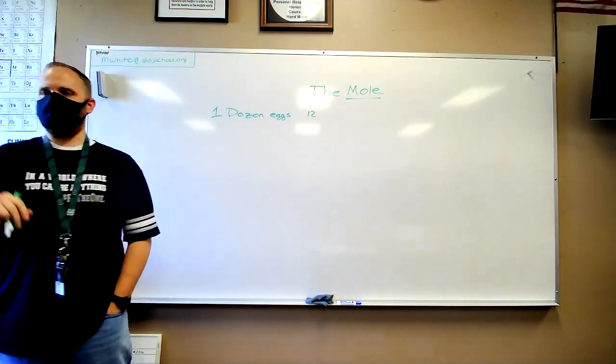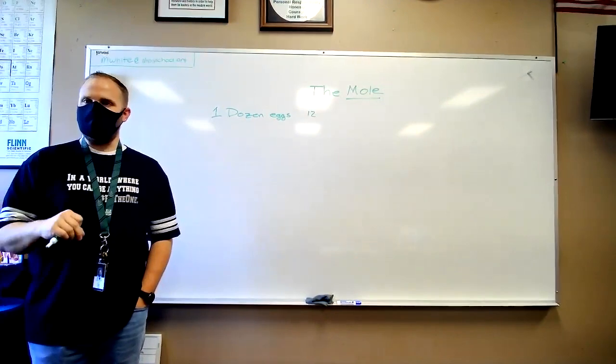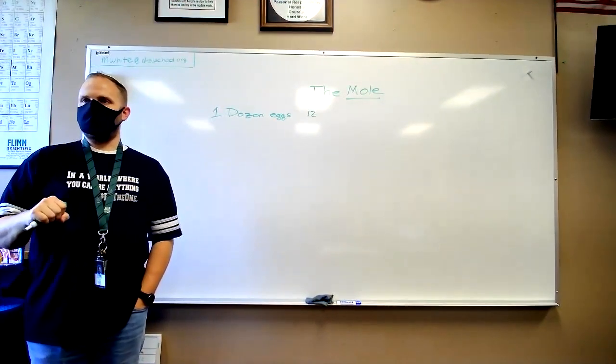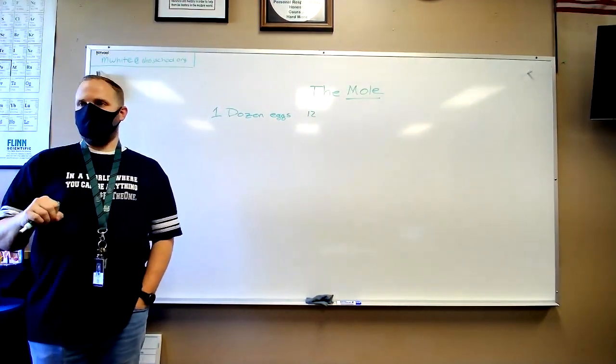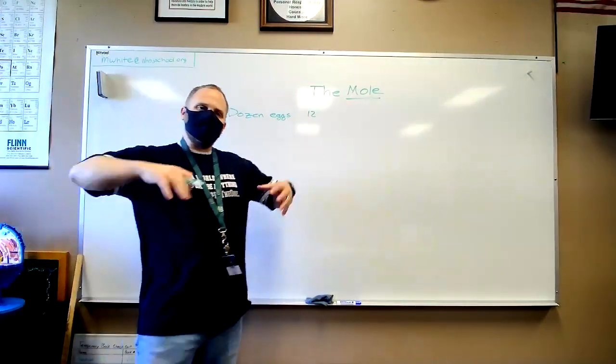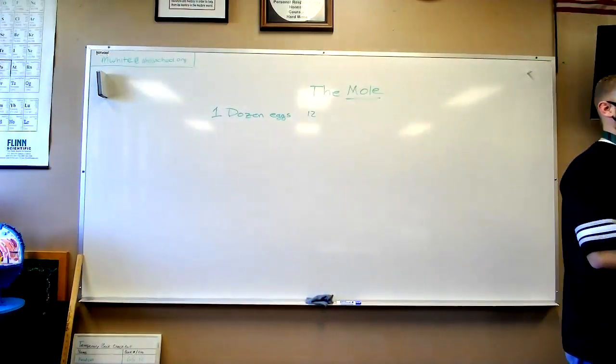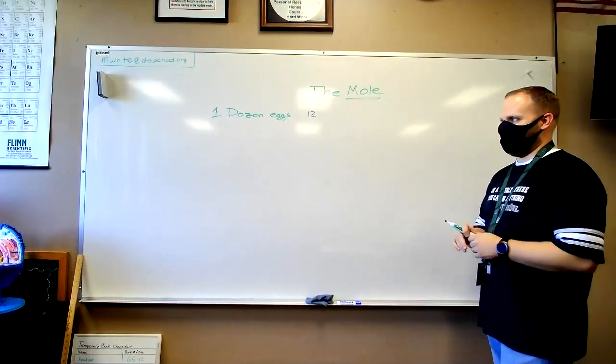So what if you have 2 dozen eggs? 24. 3 dozen eggs? 36. Okay? That makes sense to you, right? We're using the dozen as a measurement. Say how many dozen eggs you have.